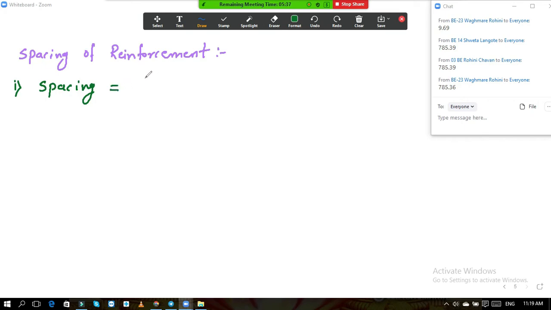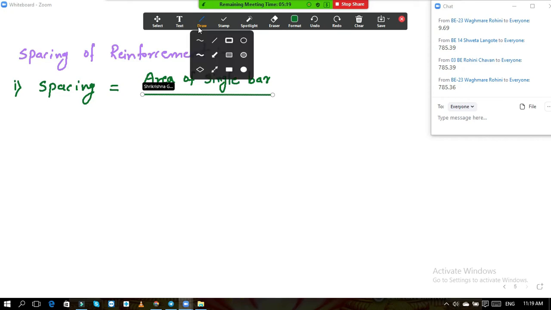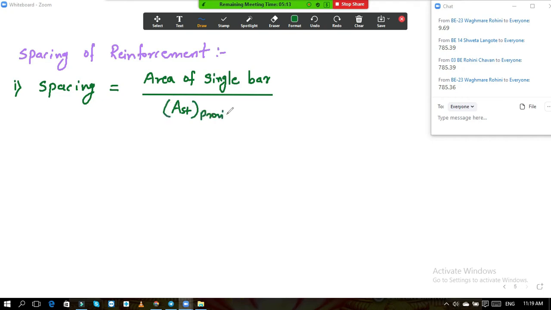If you don't know, I will write it in words. I think you should know it. Area of single bar divided by area of steel Ast provided, and multiplied by width. This is the basic formula to calculate the spacing.